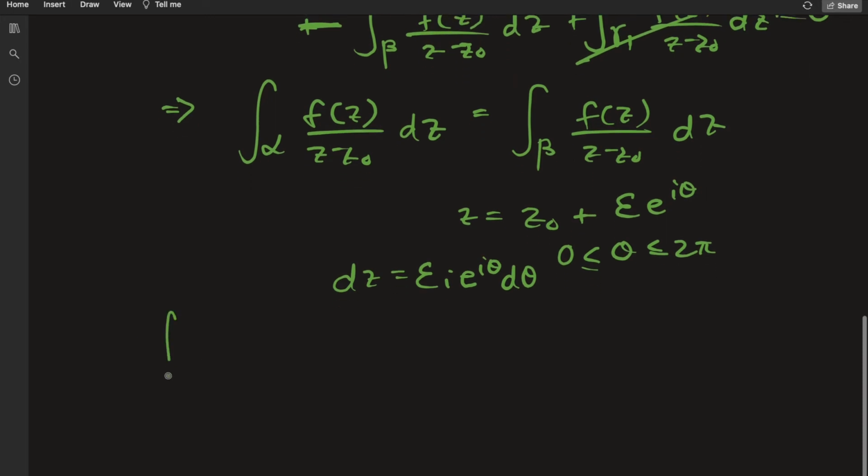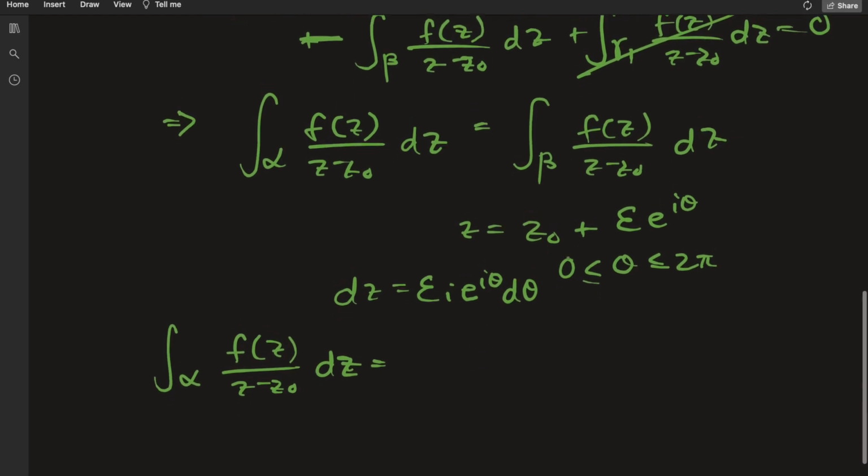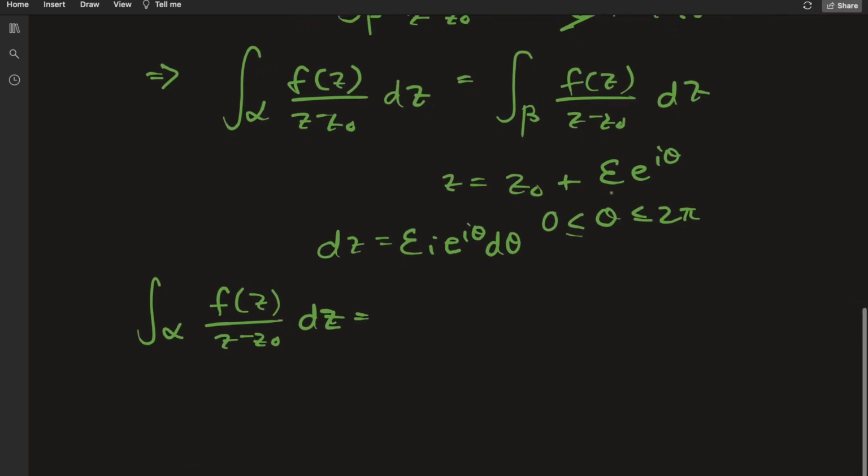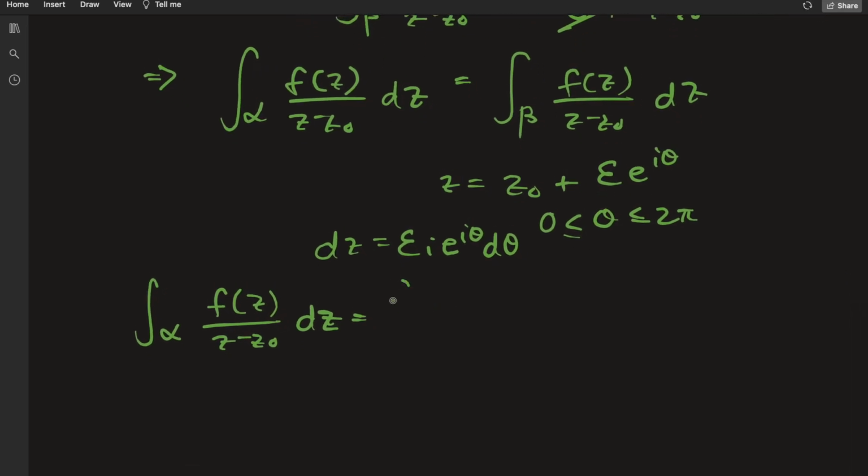We just have the integral over alpha of f of z over z minus z naught dz is equal to, let's see, the integral from 0 to 2 pi.